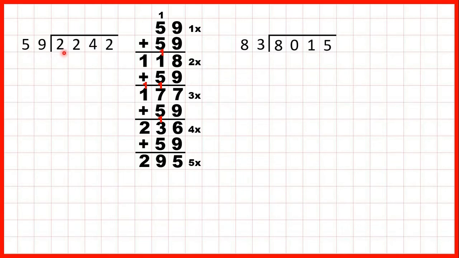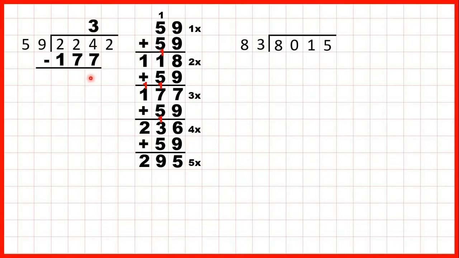So we need a number in the 59 times table which is close to 224 but not more than 224. The closest number we have that's less than 224 is 177, because 236 would be too many. So we can write 177 below 224, and because that's 3 times 59, we can write 3 in our answer.